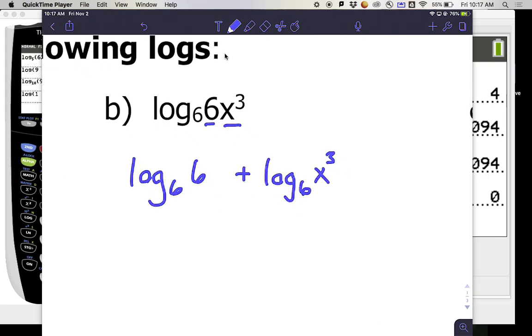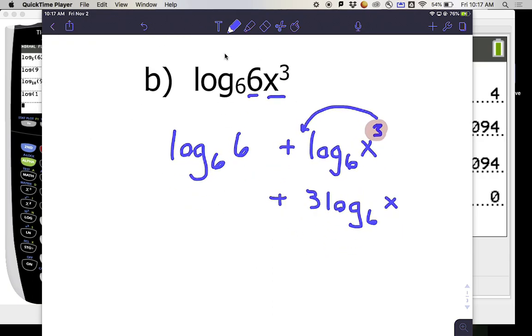Okay, the next step, we're going to take this exponent and write it out in front of the log. So we'll write 3 times log base 6 of x. Some people, you'll see them where they just write 3 log like that, and that's the same thing.